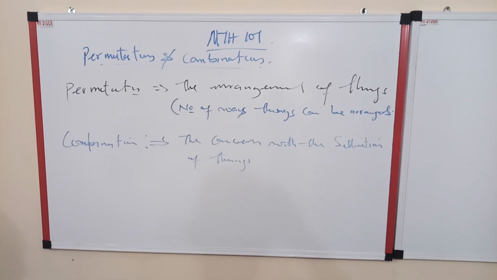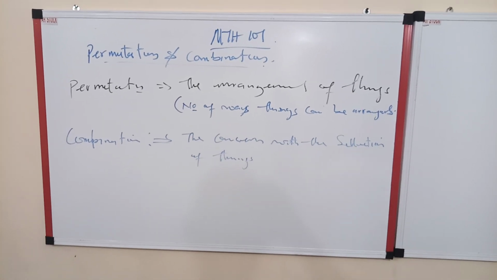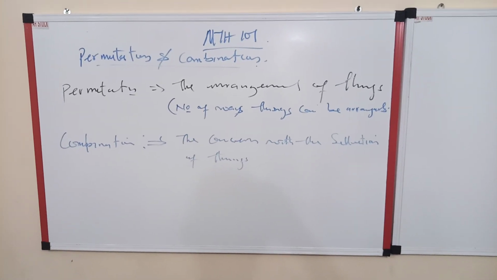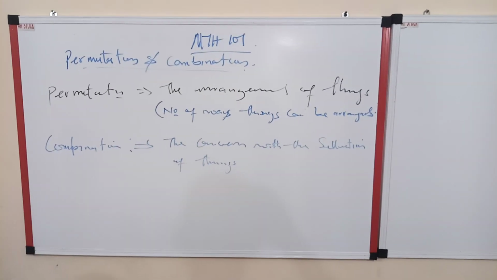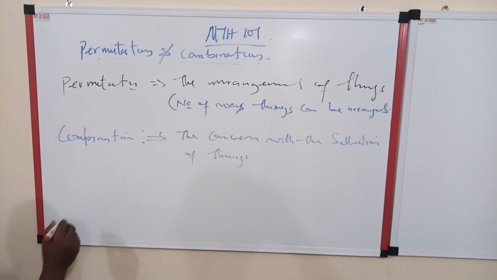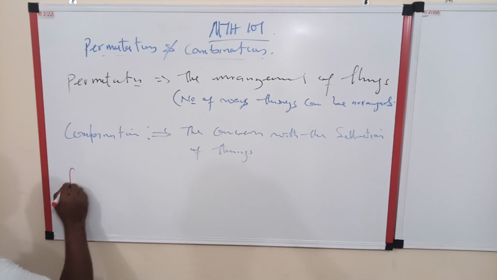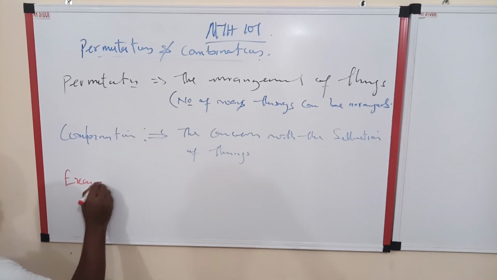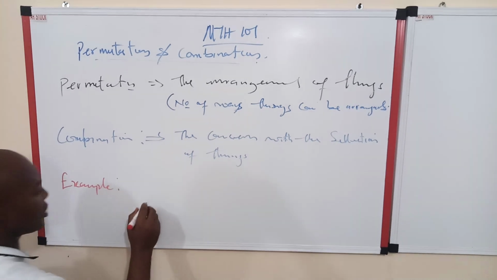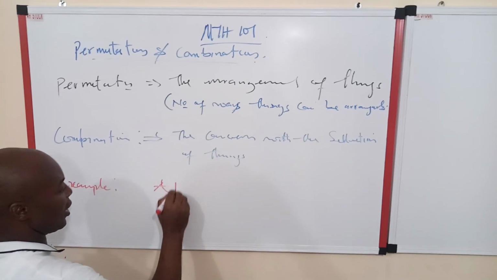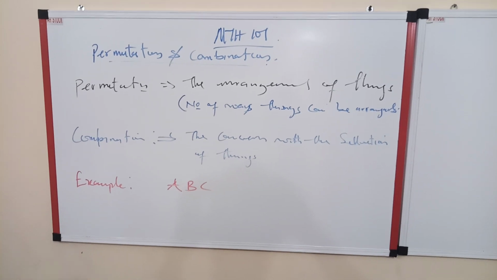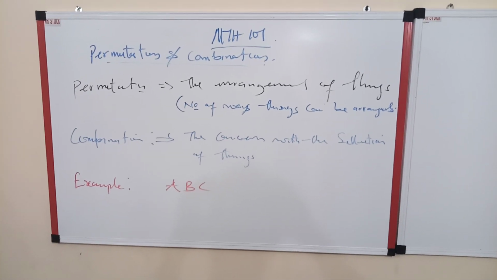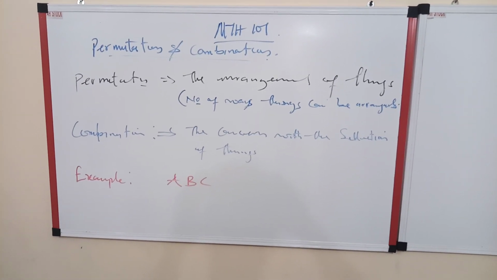Let's consider an example of how this really works. If we consider the letters A, B, and C, we have said that permutation is the arrangement of items.